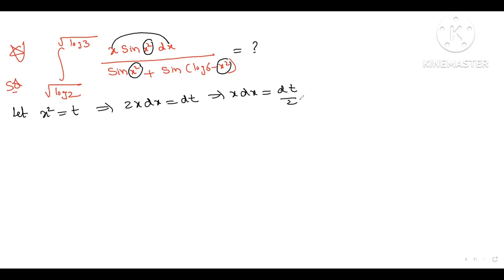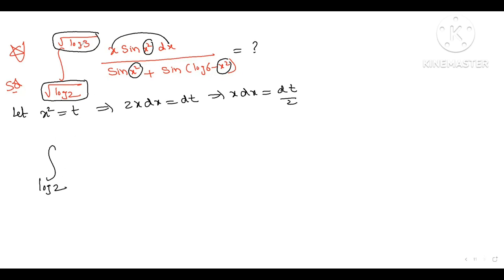Okay, now change the lower and upper limits in terms of t. If x value root log 2, then t value how much? Root log 2 is lower limit of x, and here this is upper limit of this function. So if x is equal to root log 2, then t is equal to x square is log 2.